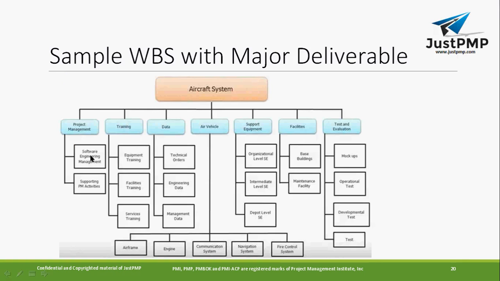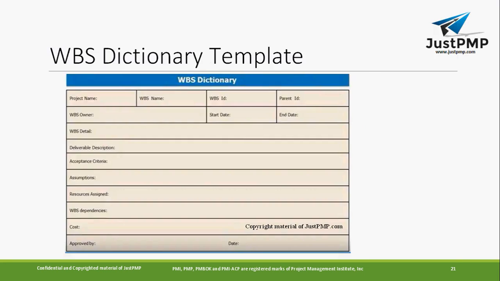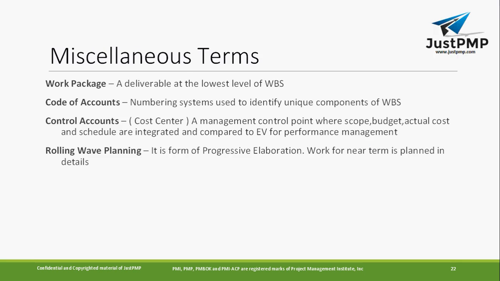So you can assign it to one code and track it: for building this part of the application, who was involved, what resources were involved, how much cost was spent. This is very important from a financial perspective. You can track which task is taking what time and what its budget was. So that's why it's called a control account.